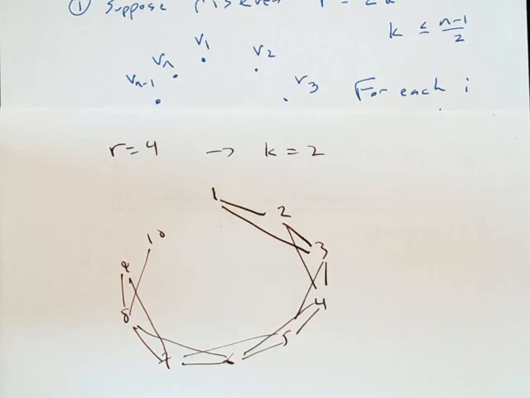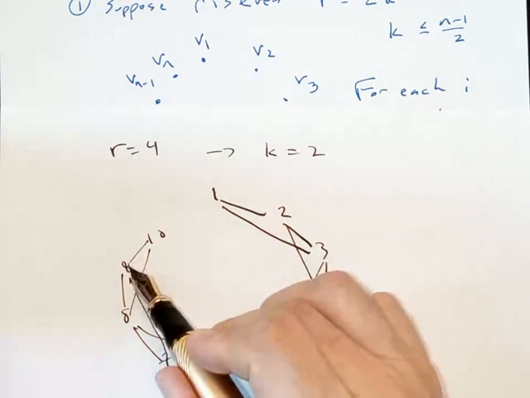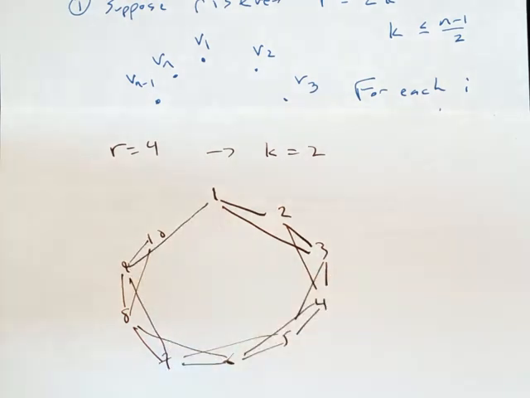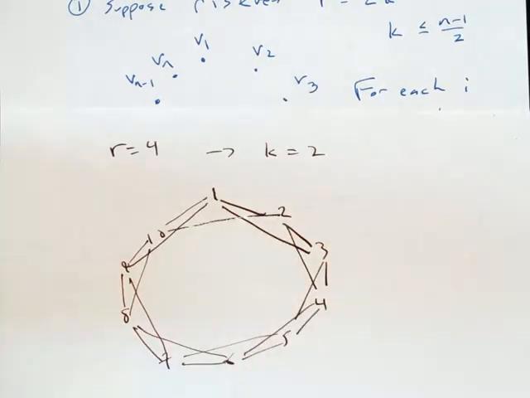It's going to wrap around mod n. 9 connects to 10 and 1. 10 connects to 1 and 2. Every vertex connects to the 2 ahead and the 2 behind.